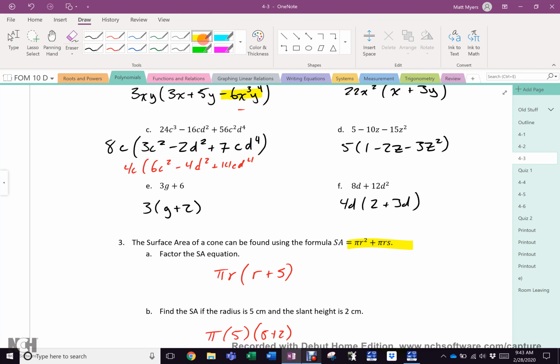And then, of course, you would have noticed 6, 4, and 14 all divide by 2, don't they? So then you would have brought out another 2. And when you bring that 2 out there, there's already a 4. And just like in radicals, what do coefficients do? So I would get 8c outside.